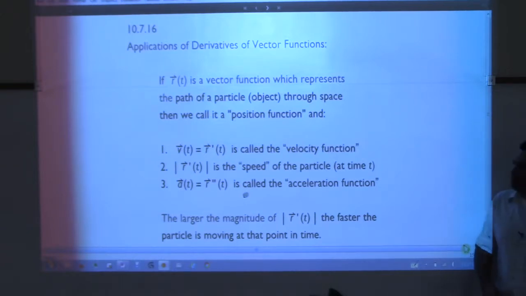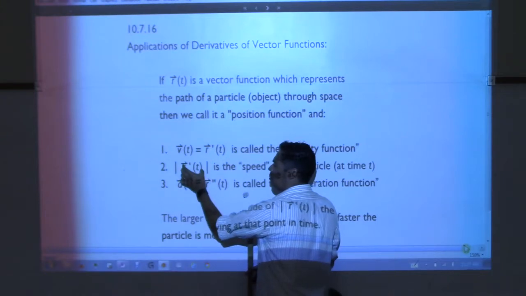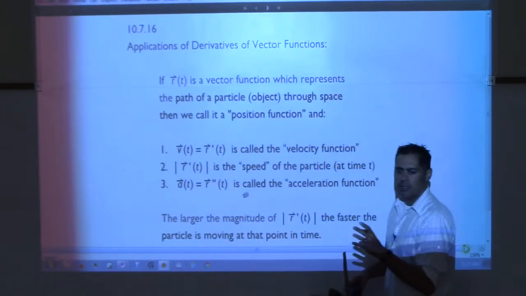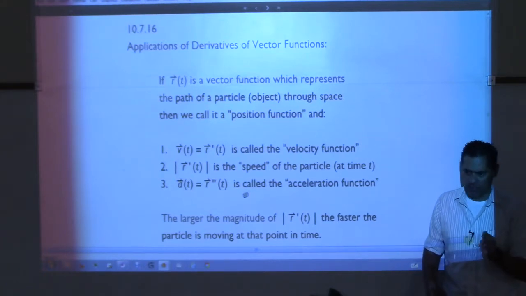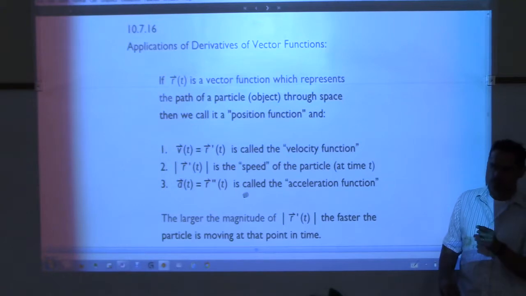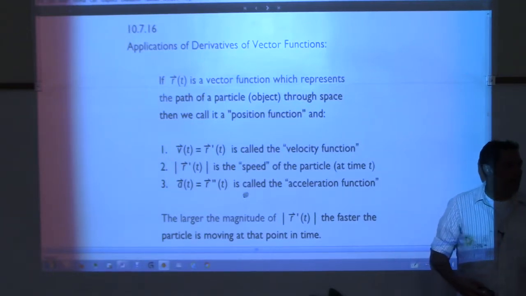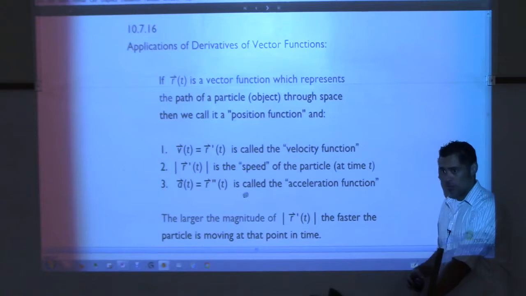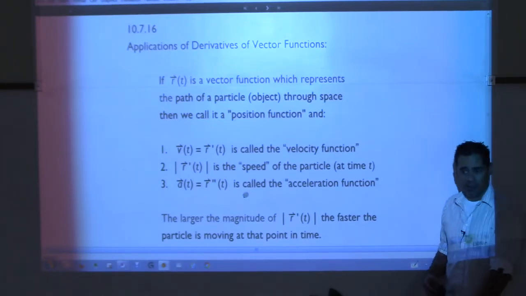What about r prime of t, without the absolute value? It's the velocity, but what is it? It's a vector, right? And vectors have what two things? Direction and magnitude. So when we talk about the velocity of an object, you're talking about a vector. When you talk about the speed of an object, you're talking about the magnitude of that vector.